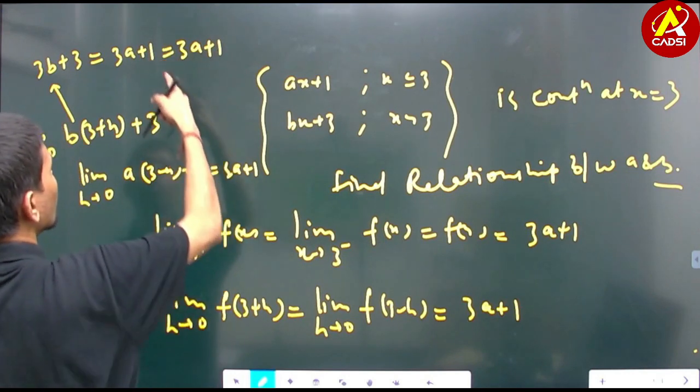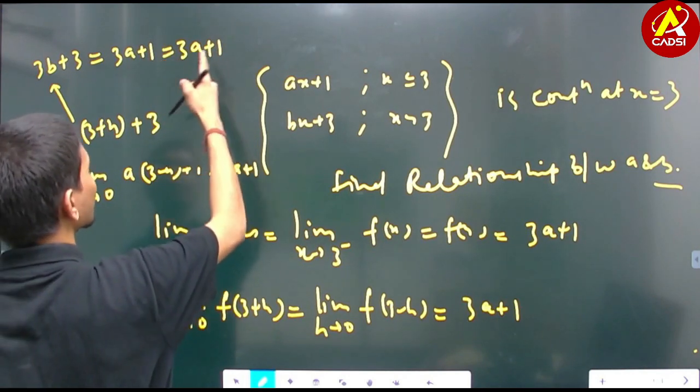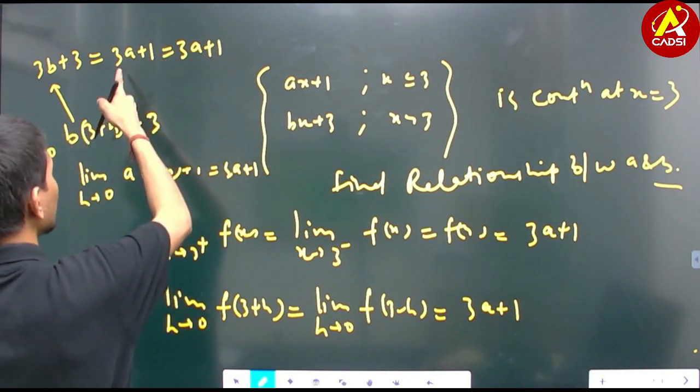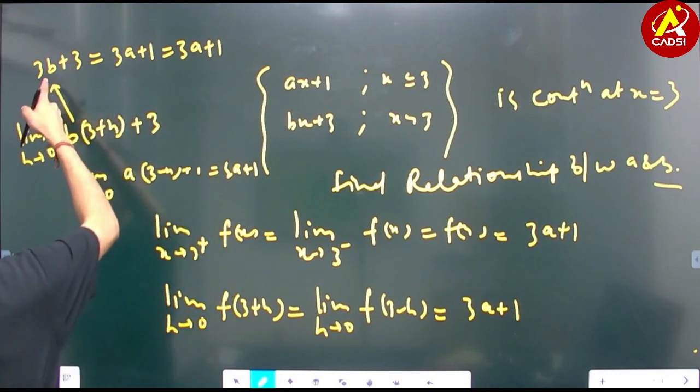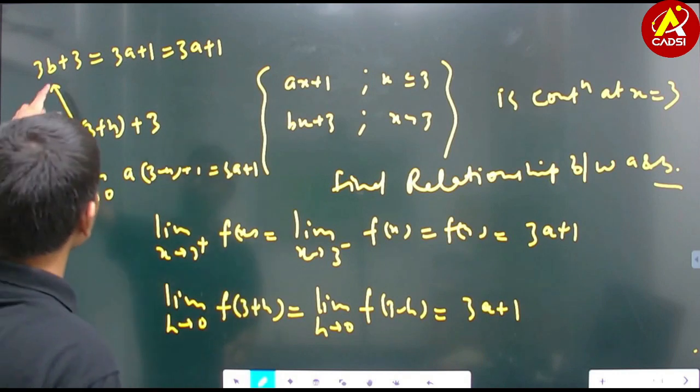This is the value of the function at x equals 3. This is the left hand limit at x equals 3, and this is the right hand limit at x equals 3.